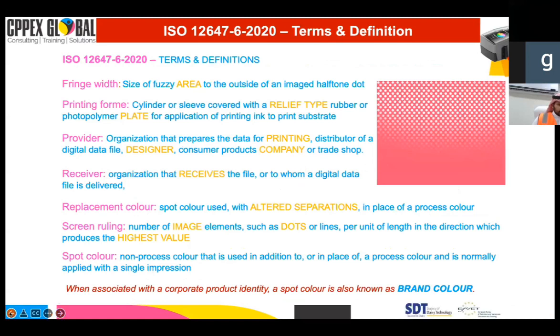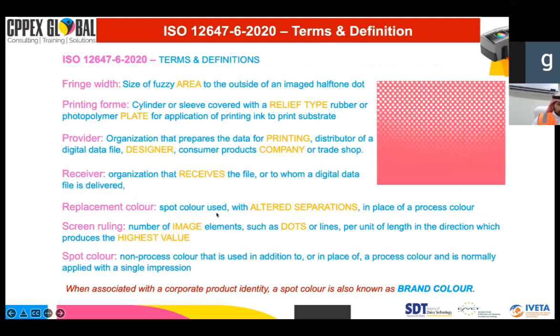We will need to look at some of the definitions: fringe width, printing form, and that E is intentional. It's the way that the standard talks about the cylinder or sleeve, the provider, the receiver, the replacement color.